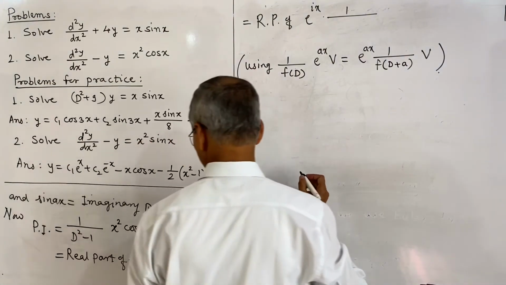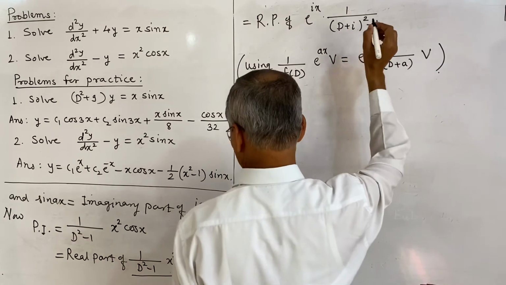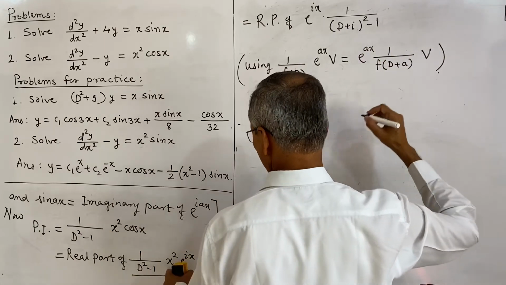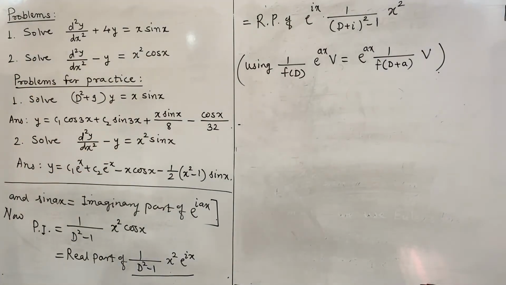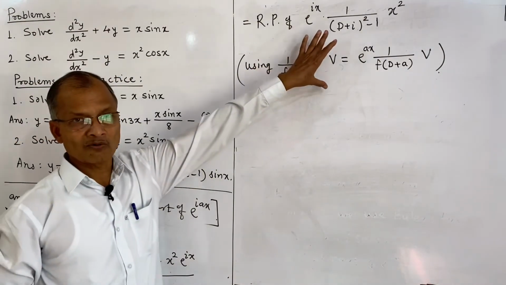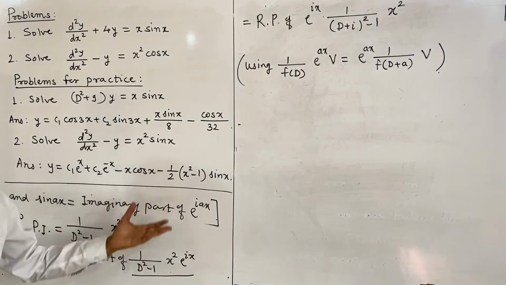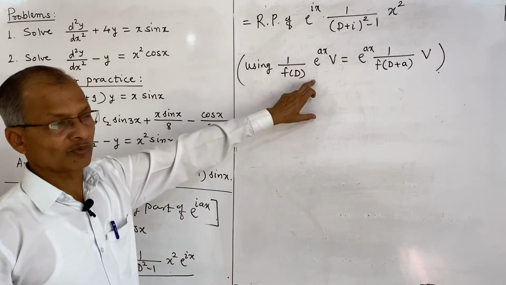So this will be D plus i whole square minus 1 operated on V, and what is V here, function of x, that is x square. See, you please note this, how we have converted this result, which was originally in terms of cos, as an exponential function, and then we have used this formula.